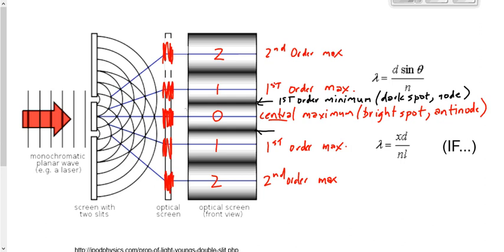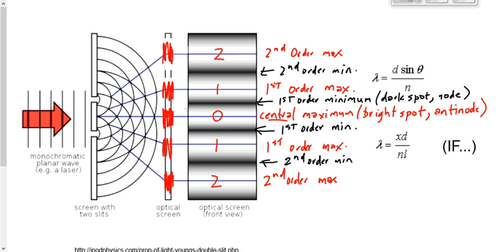This would also be the first order minimum. And of course, beyond that, we have our second order minimum. And then the second order max, and then the third order min, and then the third order max, and so on and so on.